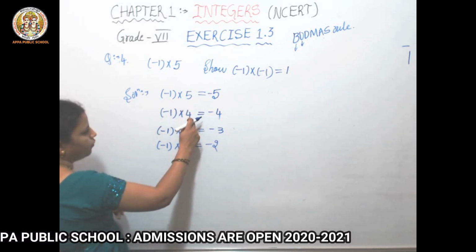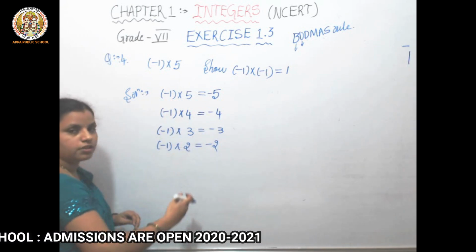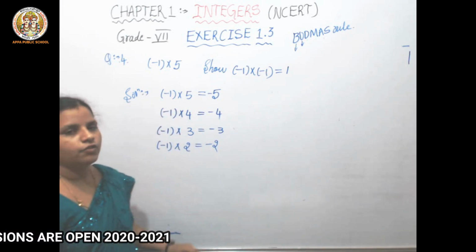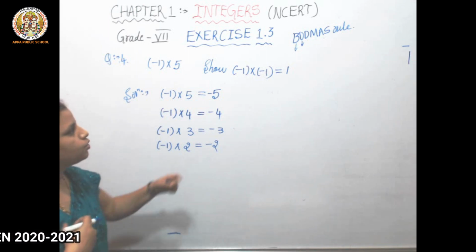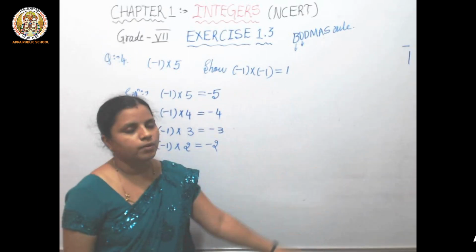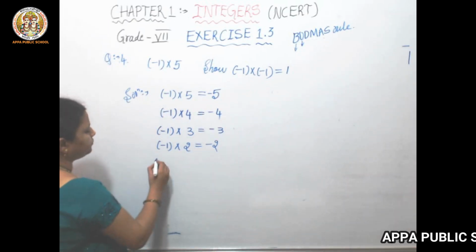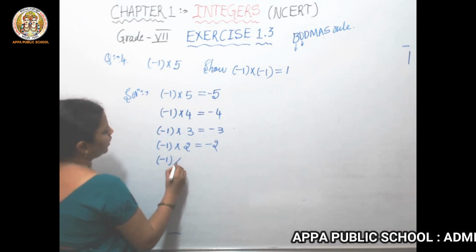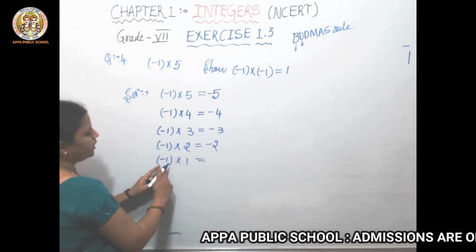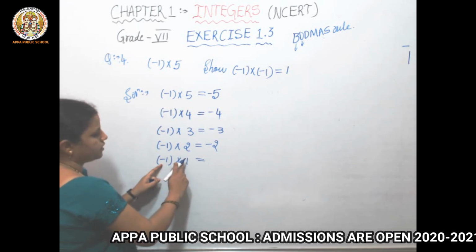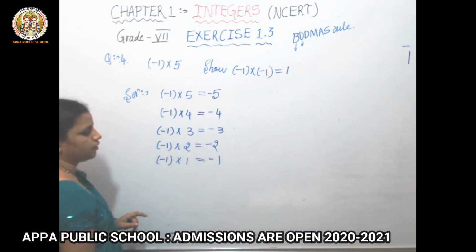See, 5, 4, 3, 2. This is the sequence or the pattern we are following here to show that minus 1 into minus 1 is equal to 1. Now, minus 1 into 1 as minus plus, it is minus 1.